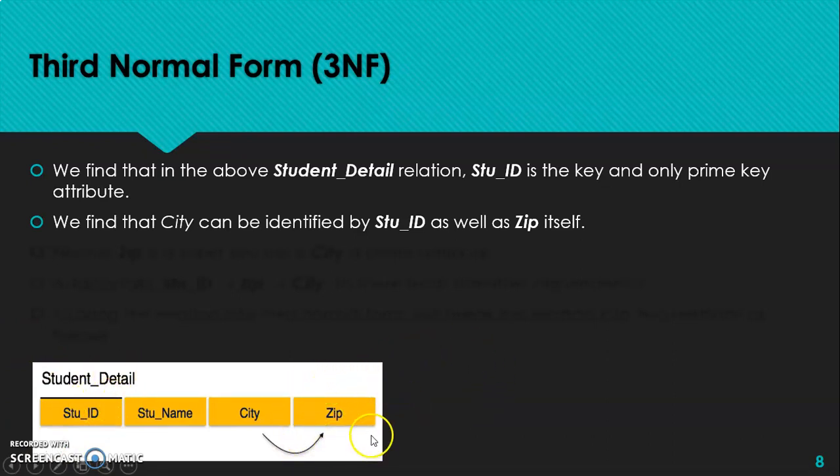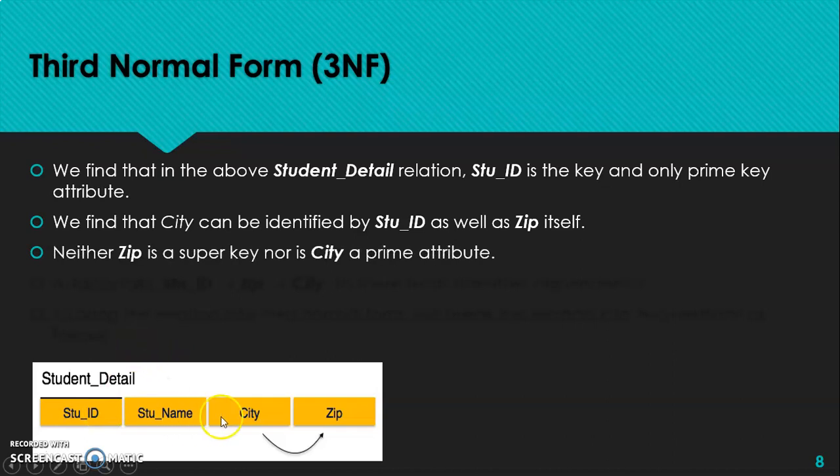So using the zip code, we can identify the city. But it also happens that student ID can identify the city because student ID is a primary key. But city is dependent upon the zip code. Zip is not a super key, nor is city a prime attribute.